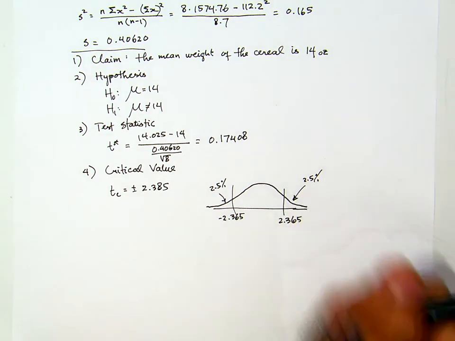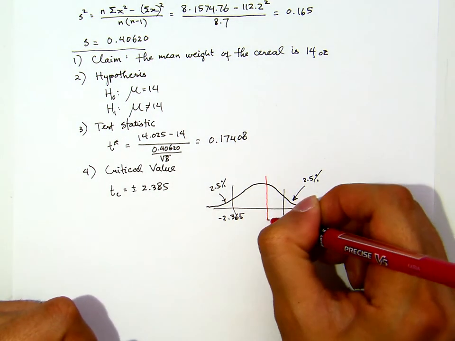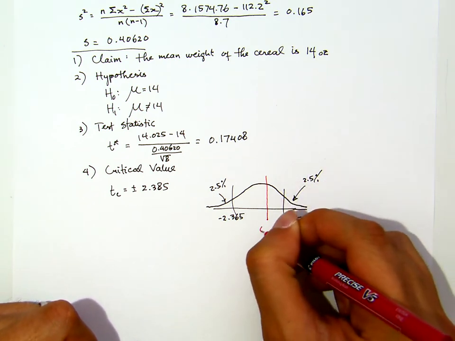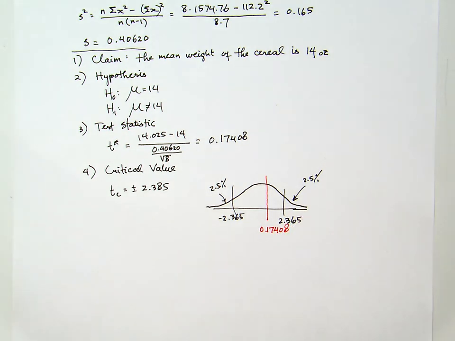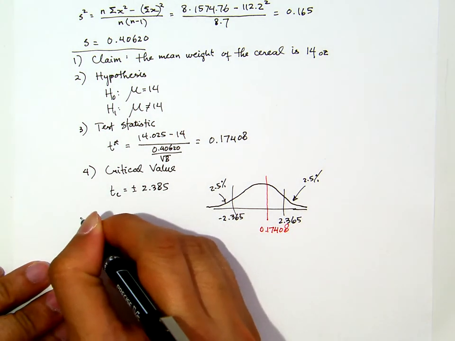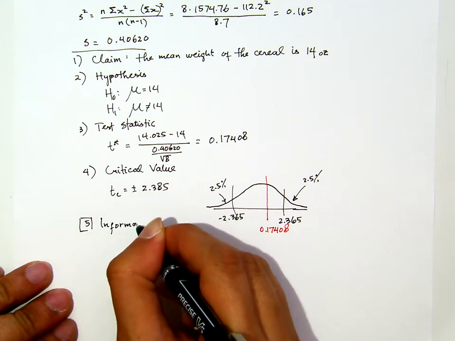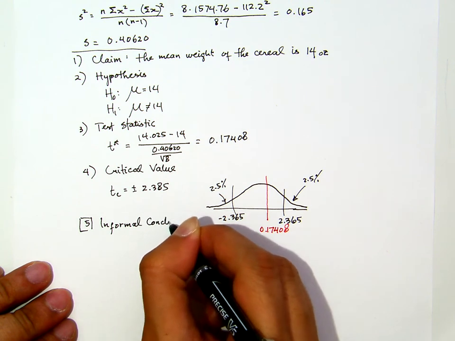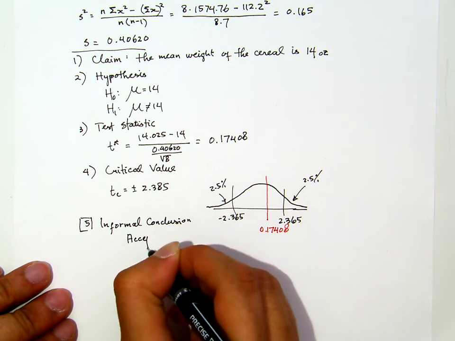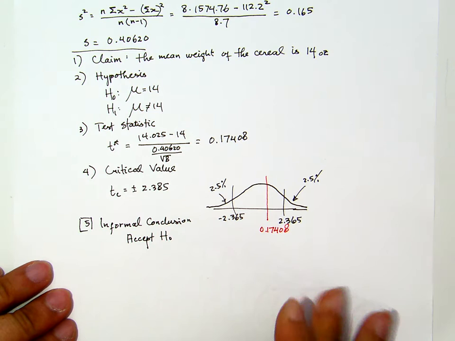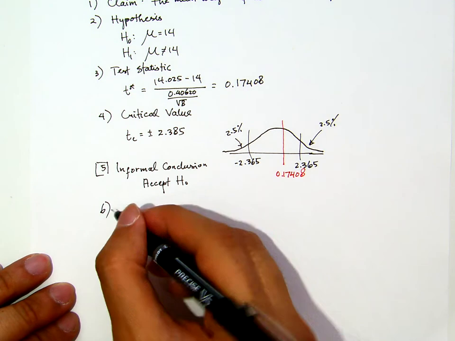Okay. Now we can see from the situation here, the test statistic is well inside the acceptance region. So step 5, the informal conclusion. We say we accept the null hypothesis. Okay. So step 6, the conclusion.